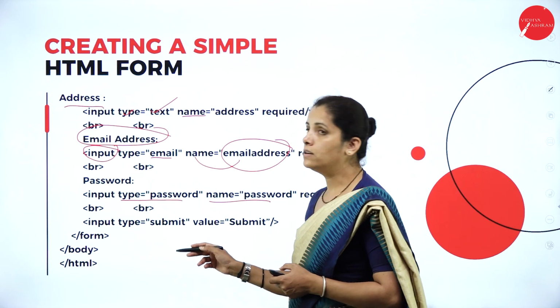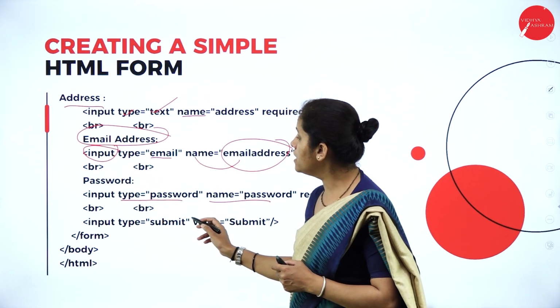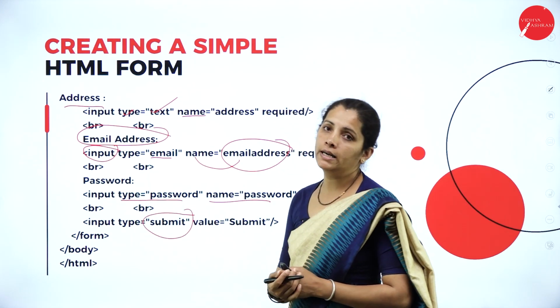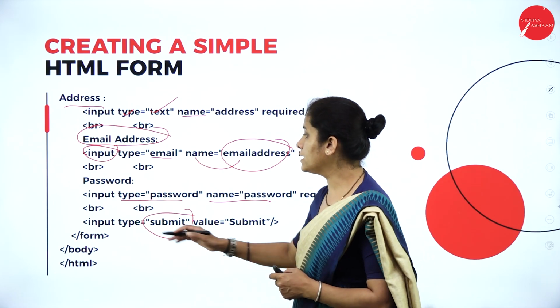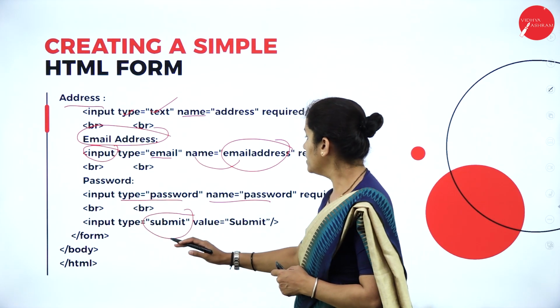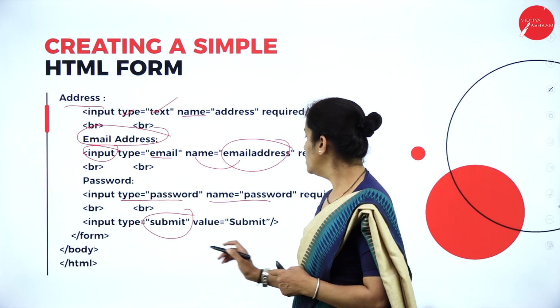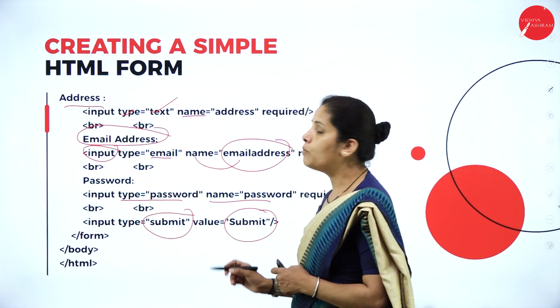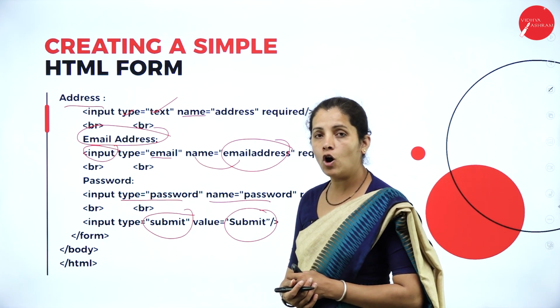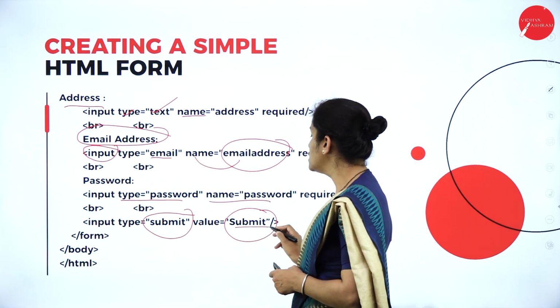Then I want to have the button, so the type is submit. It is a button, and the value I must have on my button is submit.